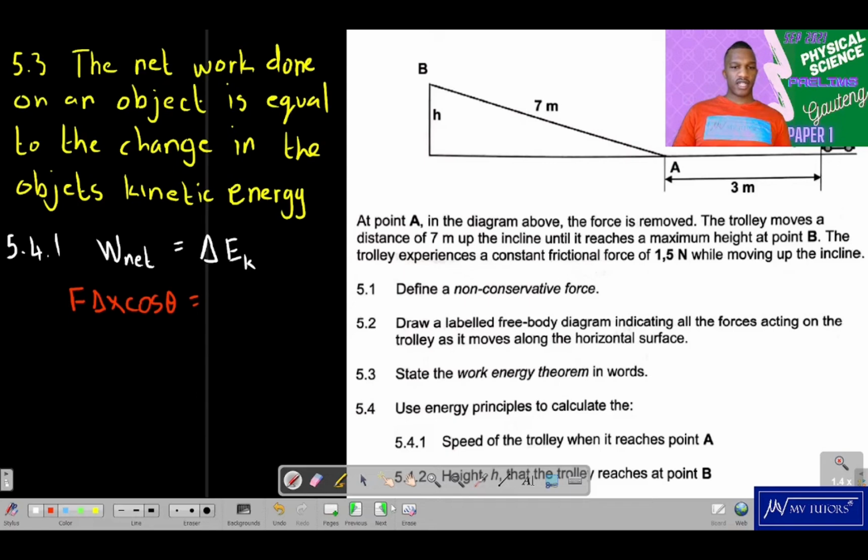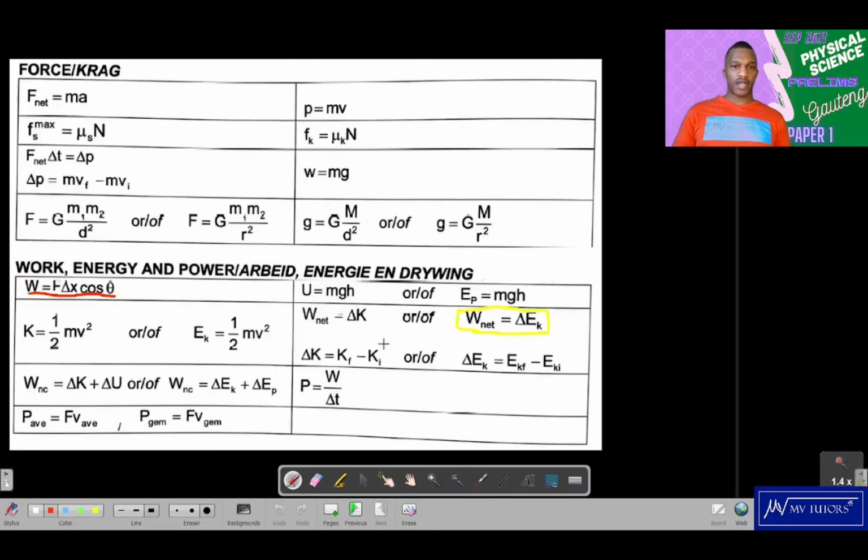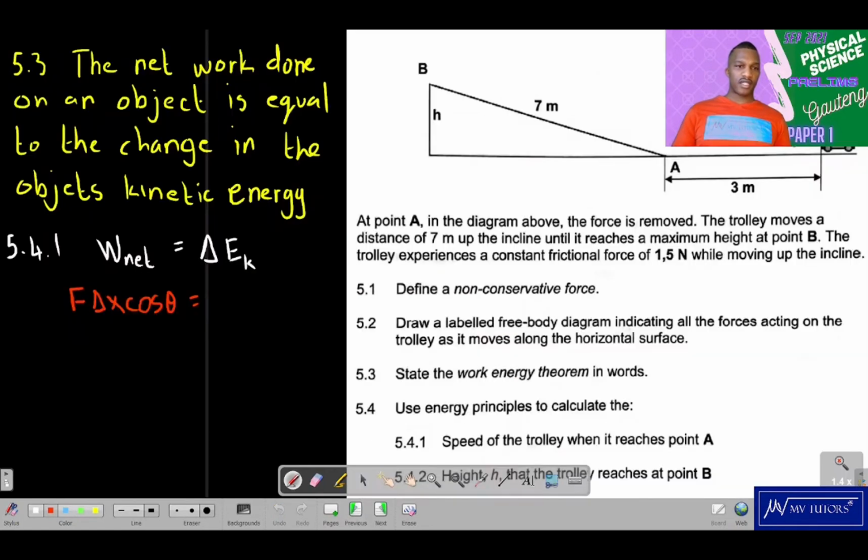Now kinetic energy, we need to go pick a formula for kinetic energy. There, this one, it's half mv squared. But for the change in kinetic energy, we'll start here. The change in energy is final kinetic energy minus initial kinetic energy. So let's put that first.